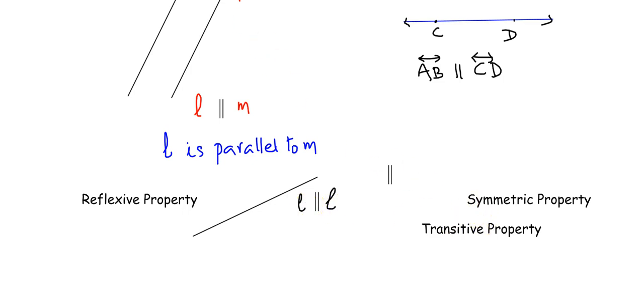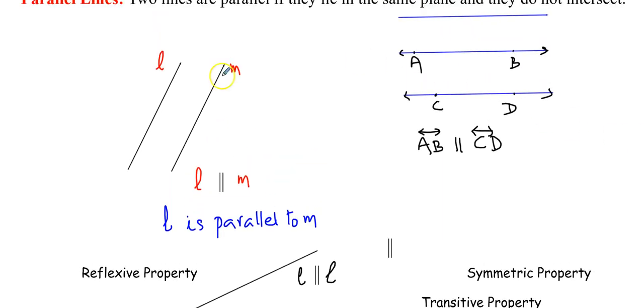Now, in this first example, we have the line L parallel to M. So if the line L is parallel to M, I can also say that the line M is parallel to L. If L and M are parallel, then M and L are parallel.